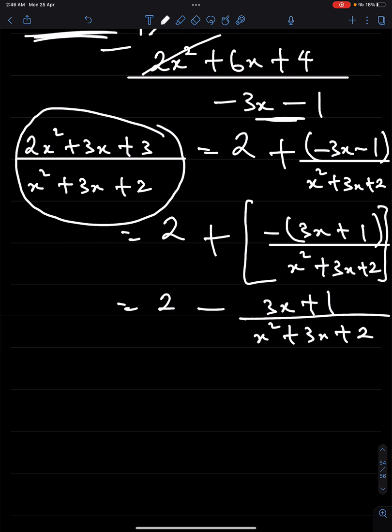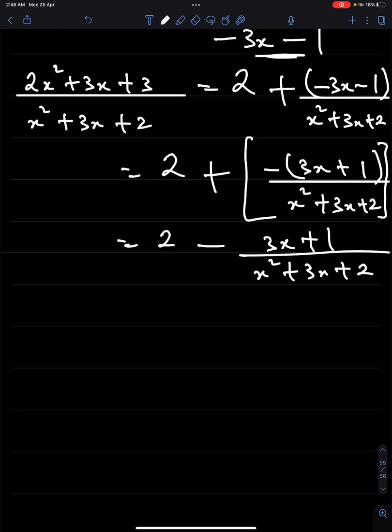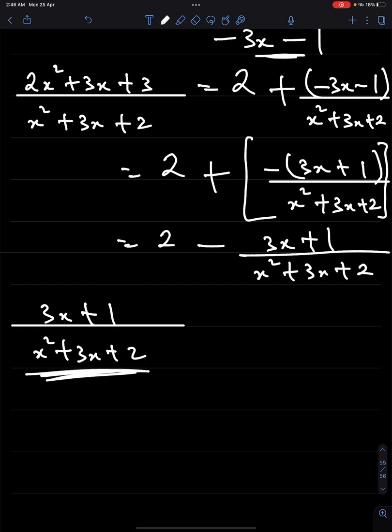So what I will just do now is resolve this into partial fractions, and that's all. Let me do that very quickly. I'm resolving 3x plus 1 over x squared plus 3x plus 2 into partial fractions. But I know that x squared plus 3x plus 2 is the same as x plus 1 times x plus 2.